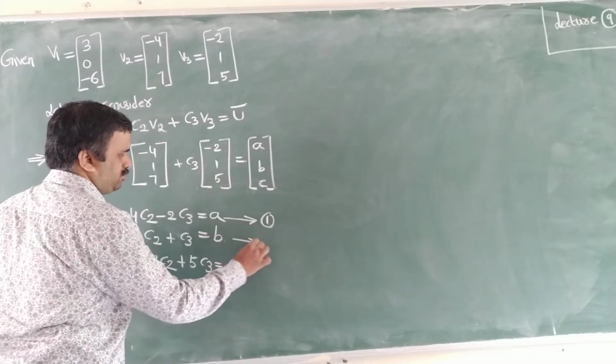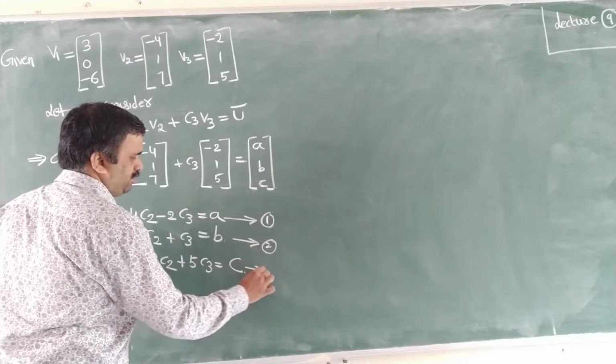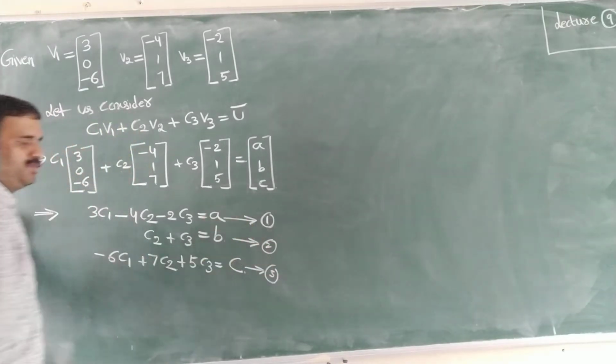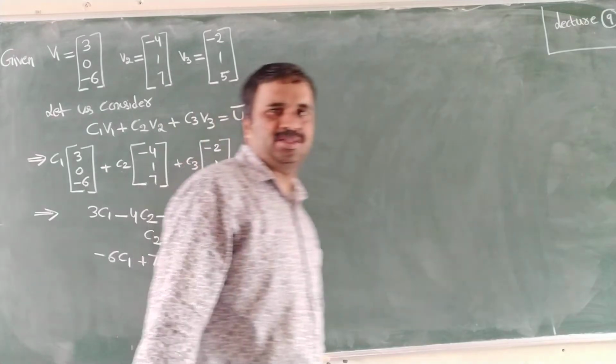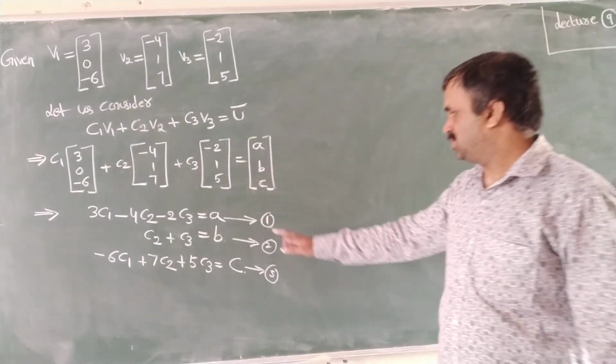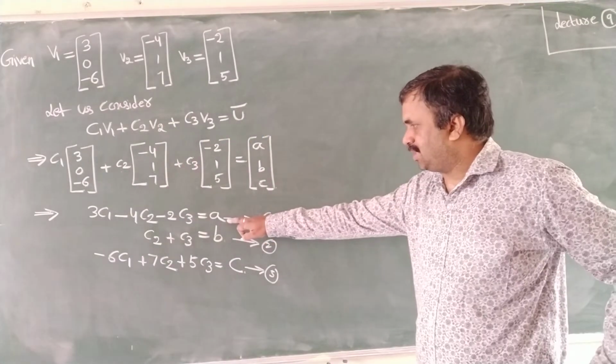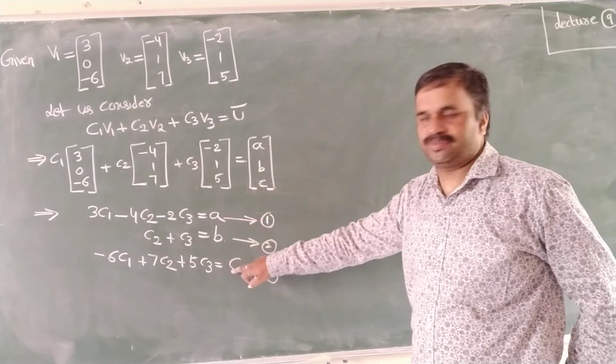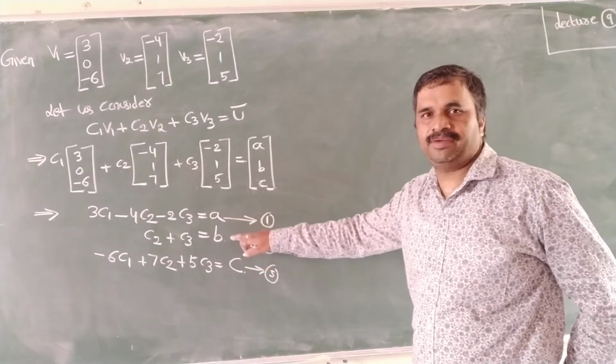It is a non-homogeneous system; previously the right-hand side values were 0, 0, 0, but right now we have A, B, C.